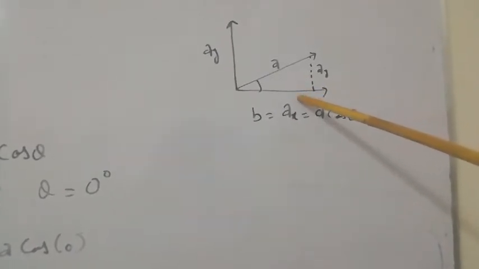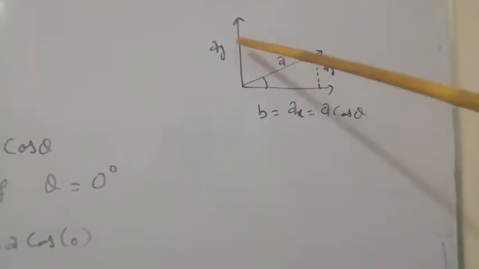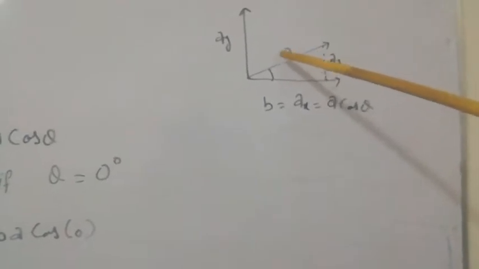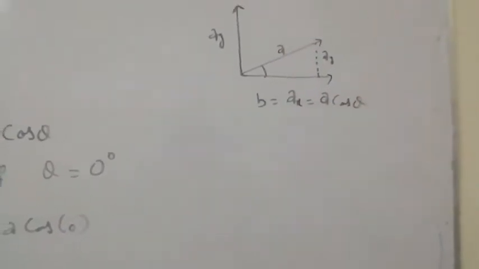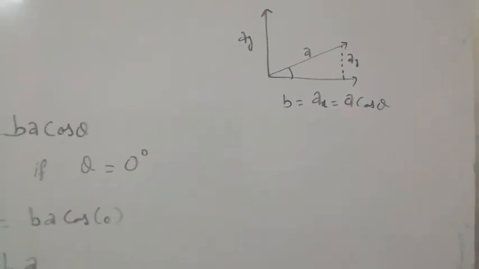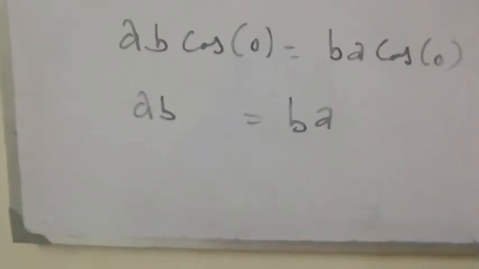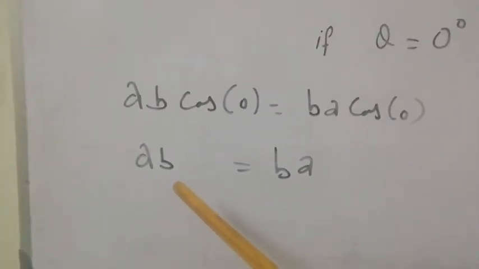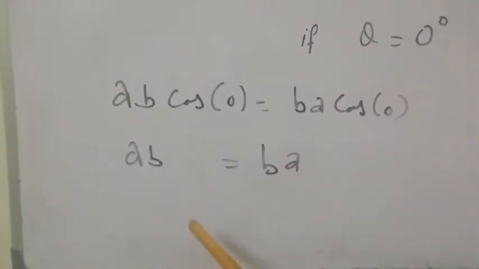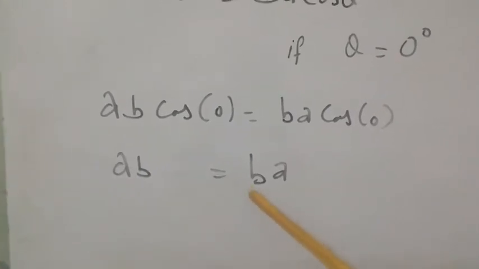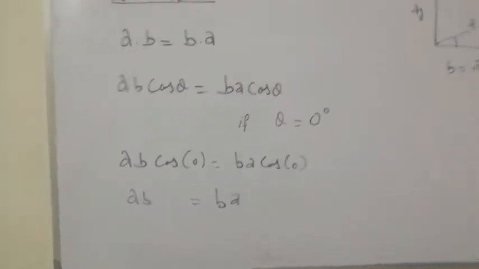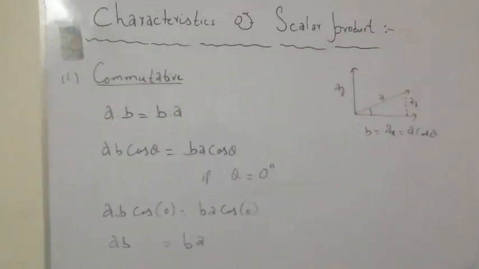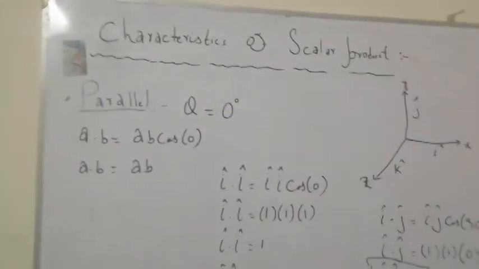If we multiply these two vectors like B dot A, then we see the projection of B on A, that is BA cos theta, and it makes no difference if we multiply A with B or B with A, that is 2 into 3 is equal to 3 into 2: 2 3s are 6 and 3 2s are 6. Both will be the same because it is only magnitude. There is no direction required here in the scalar product.